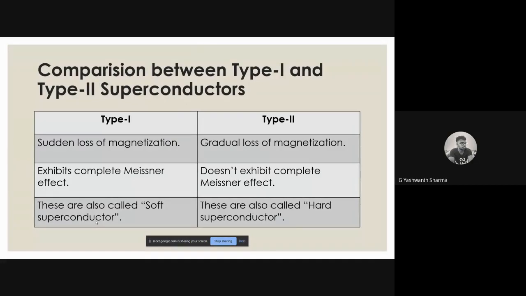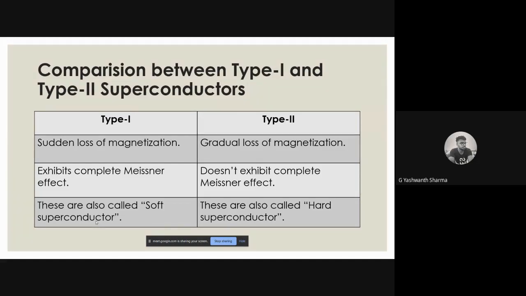Now, we further see the difference between type 1 and type 2 superconductors. The first difference is in type 1, after some point, the loss of magnetization is very abrupt. And on the other side, in type 2 superconductors, the magnetization curve is not that abrupt.